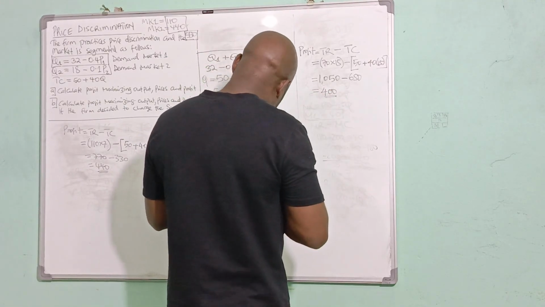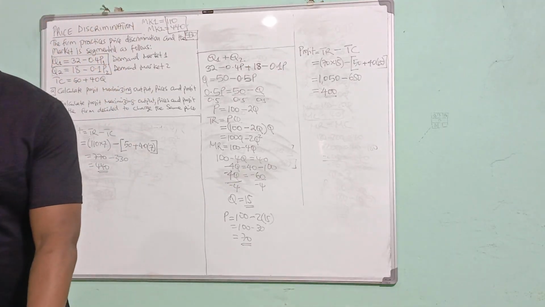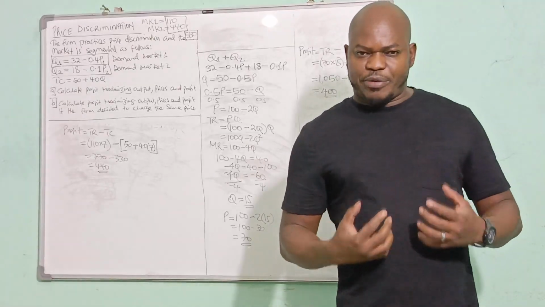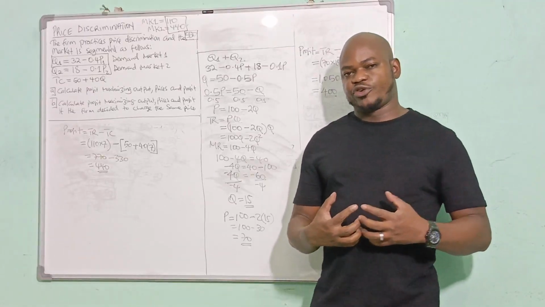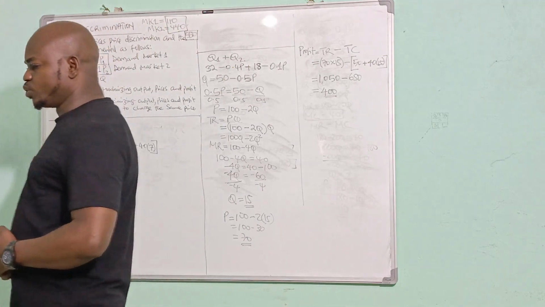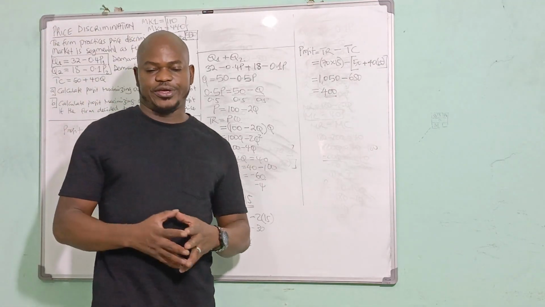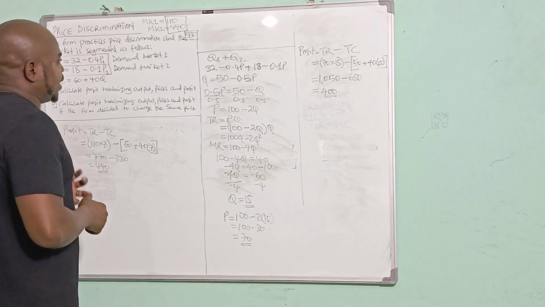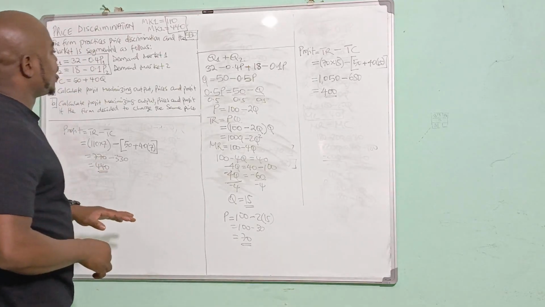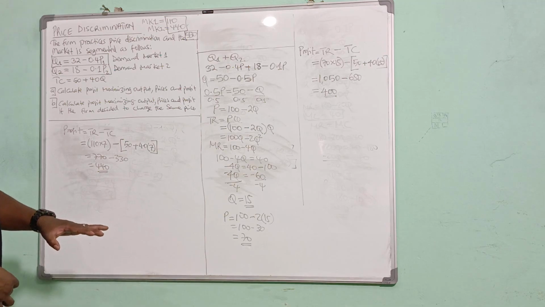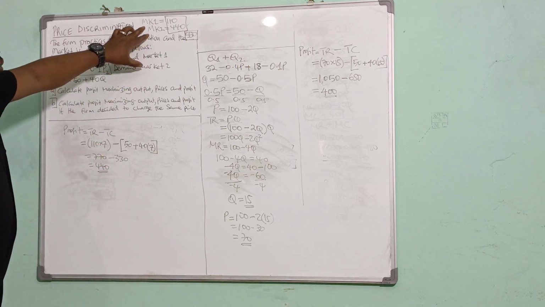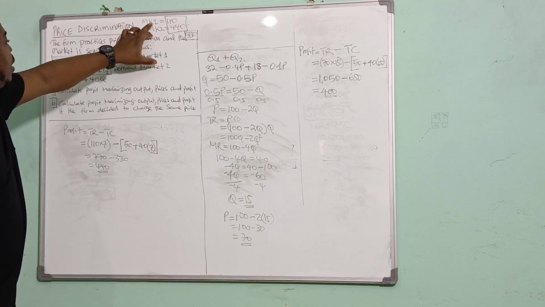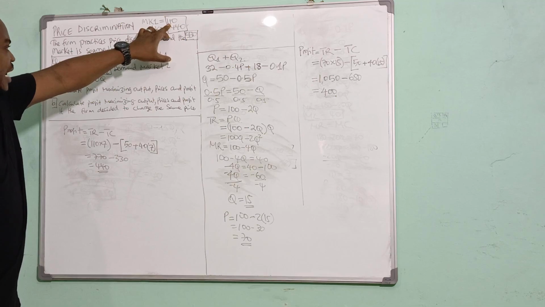That is the profit. Now we can discuss what is good for the firm. Should they practice price discrimination or should they charge a single fee? The answer is actually they need to practice price discrimination. Look at them. When they practice price discrimination, in market 1 they made a profit of 110.